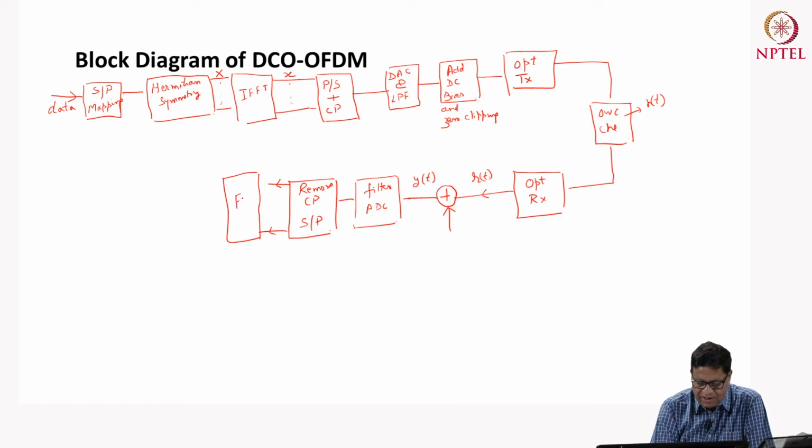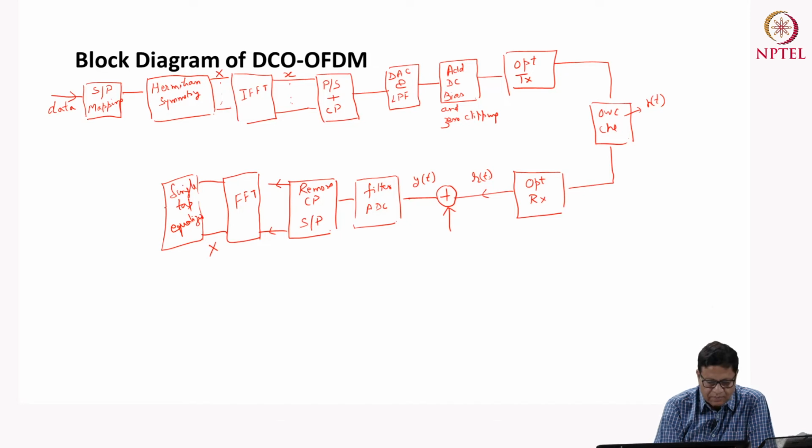There is an FFT operation here, and what you get is the signal in the frequency domain, X, and then you need to use a single tap equalizer. Whatever mapping you have done earlier, you have to demap or decode, and then parallel to serial. What you get is the data output.